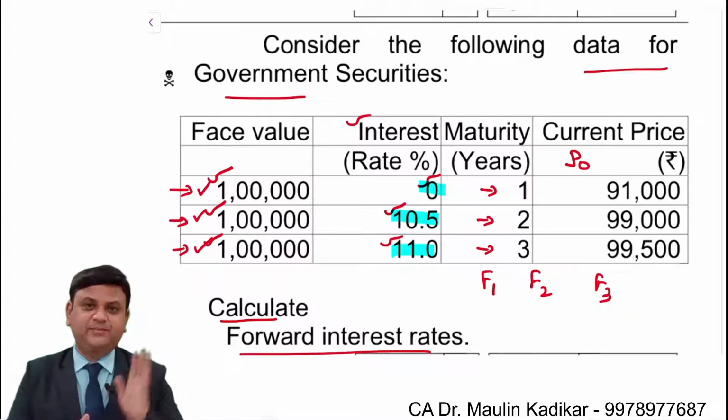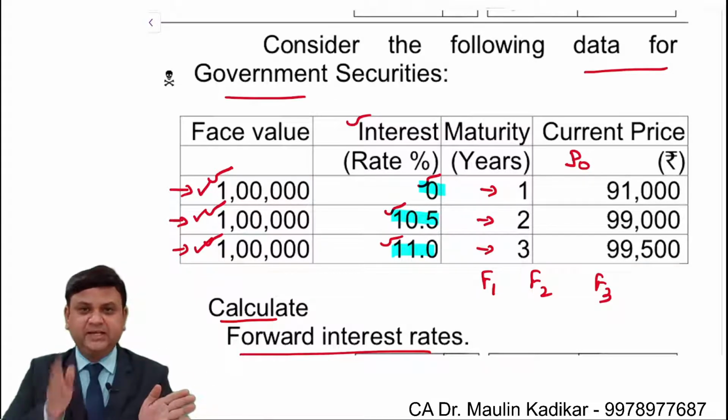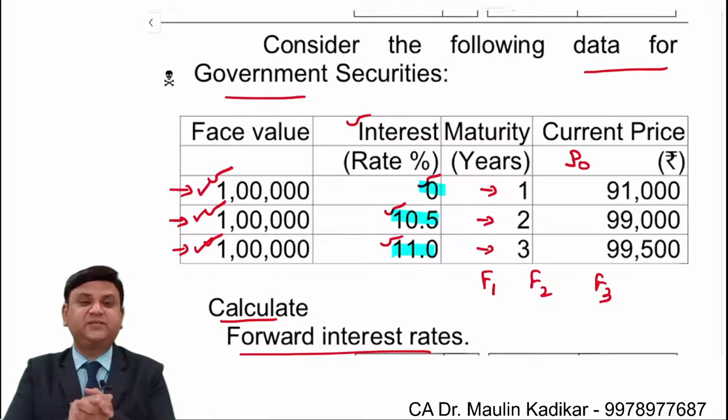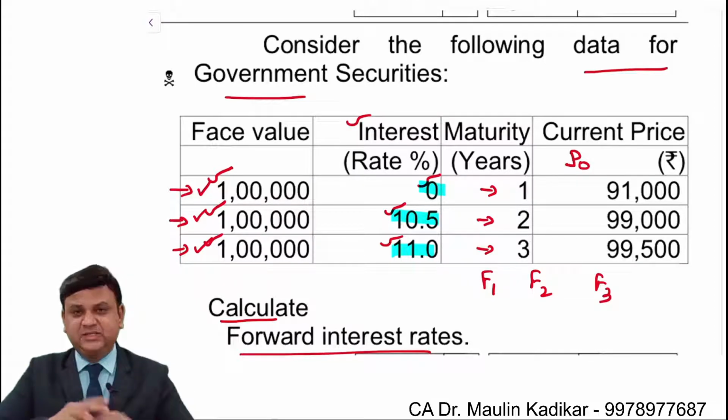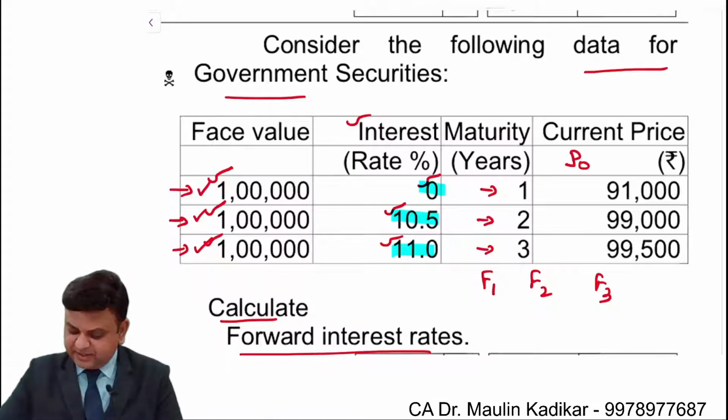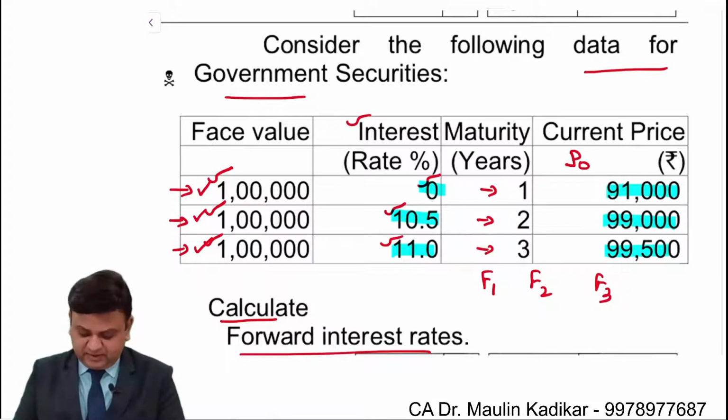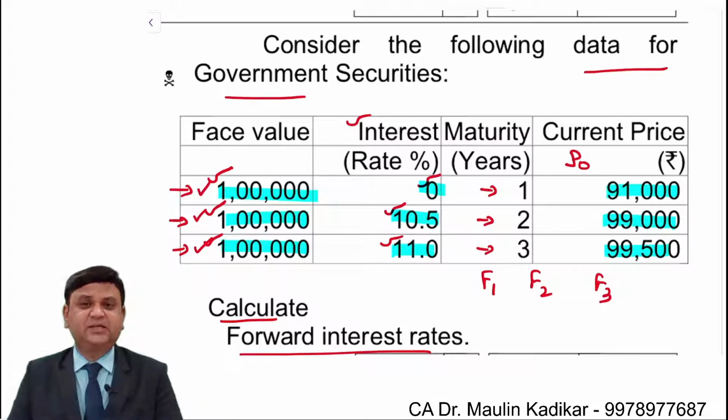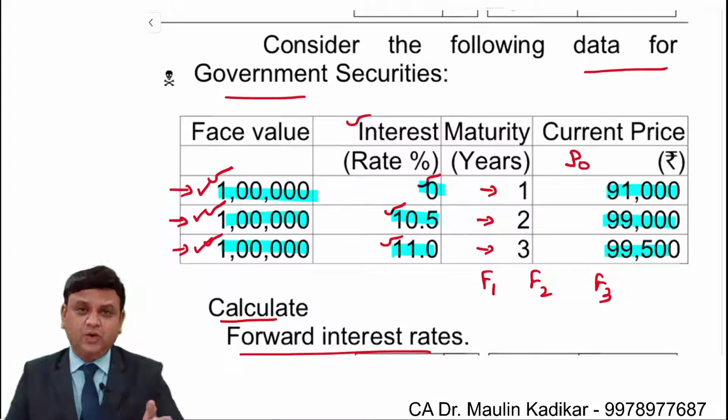Because in that case the purchase price and the redemption value were the same, that is the face value. But that is not the case in this example. We can see that the price of the security provided to us is every time less than the face value. It means that the return to the investor is more than the rate of interest.